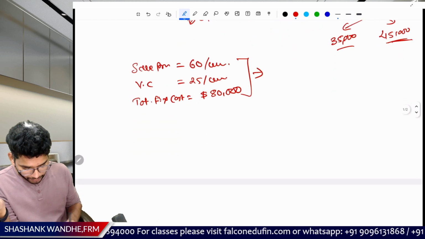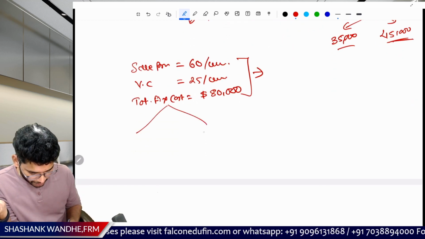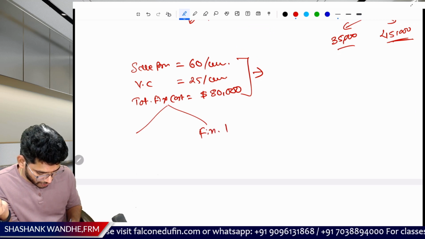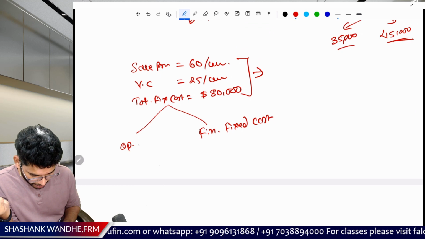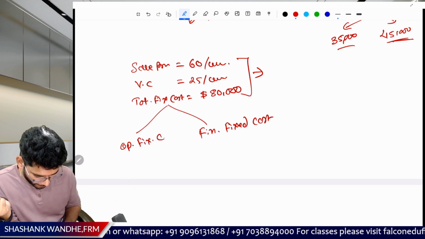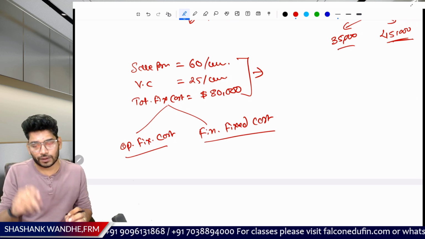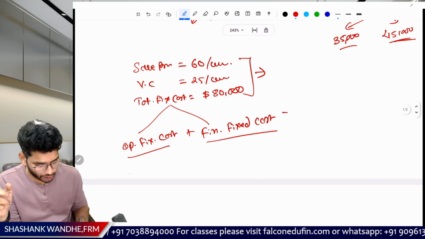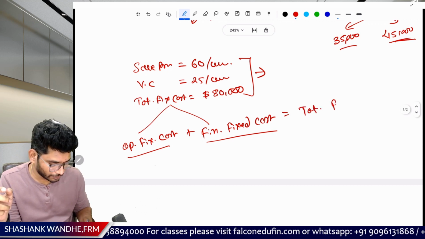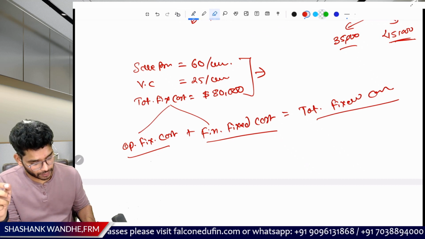Then we also have a different type of fixed cost, which is financing fixed cost. When you combine both, operating and financing fixed cost, it gives you the total fixed cost.